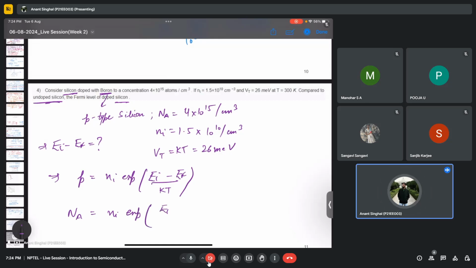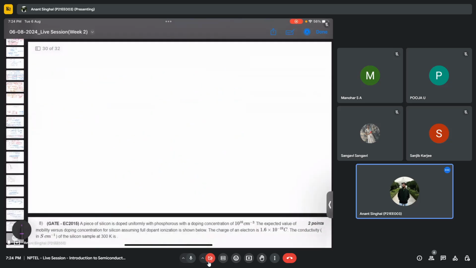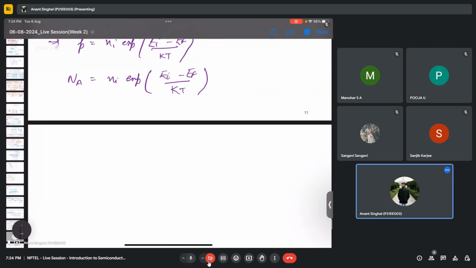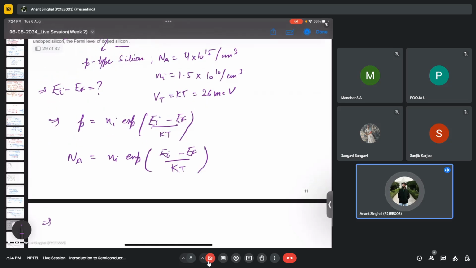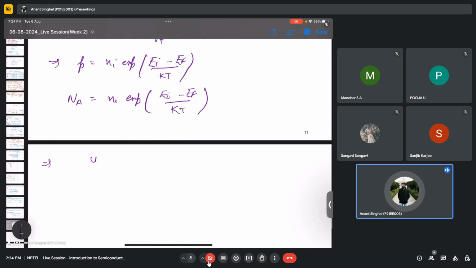So Na is given in the question as 10 raised to power 15, Ni is 1.5 times 10 raised to power 10, exponential of, since it is at room temperature, we need to find this Ef minus Ei over Kt.